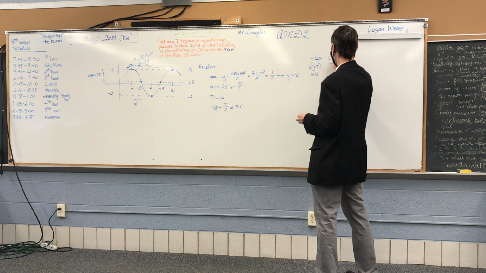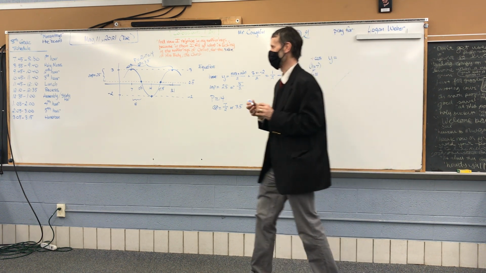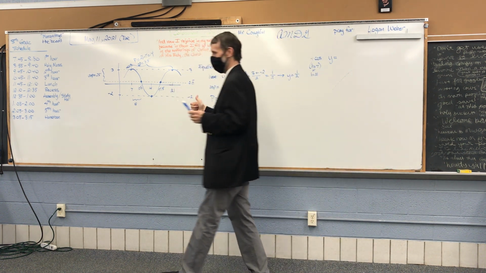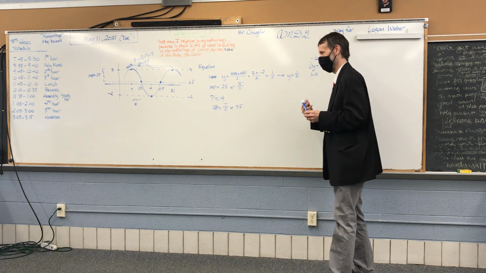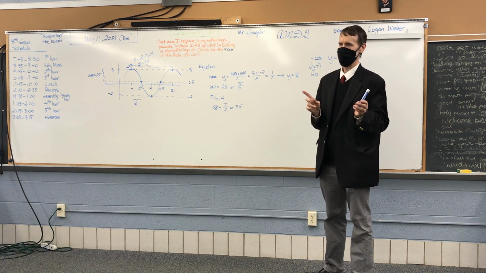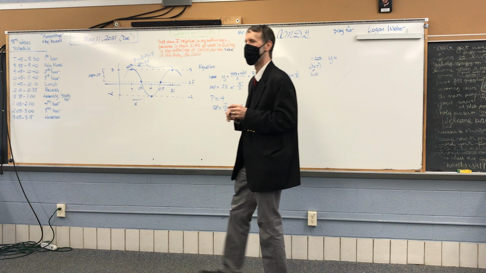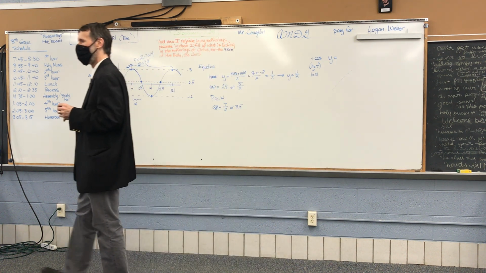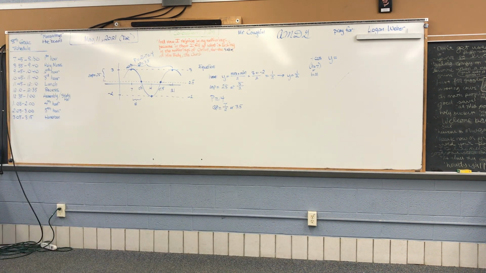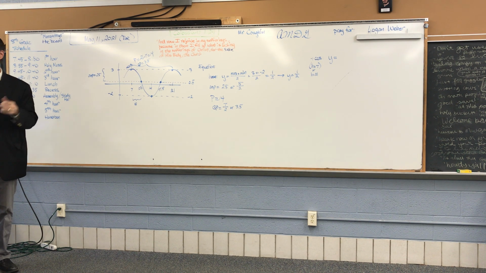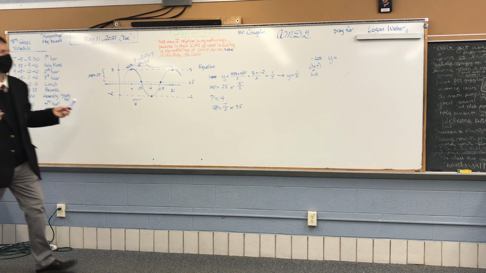y equals, let's go piece by piece here. We need A, B, H, and K. Where does A come from? Amplitude. What is the amplitude in this particular case? 2.5.